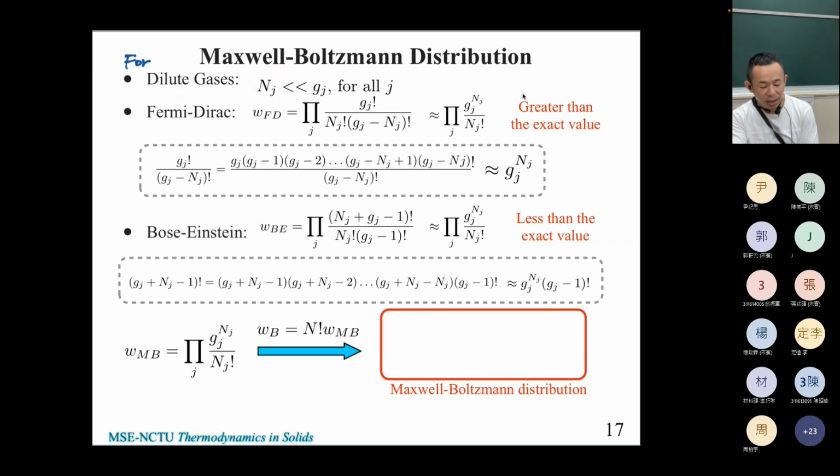If we set up this assumption for the Fermi-Dirac and Bose-Einstein distributions, they will all result in the same thing, and they will become the Maxwell-Boltzmann distribution. So Maxwell-Boltzmann distribution is ideal gas behavior, dilute gas behavior, and we will talk about this next week.